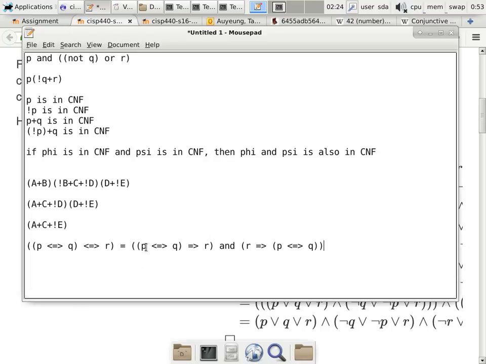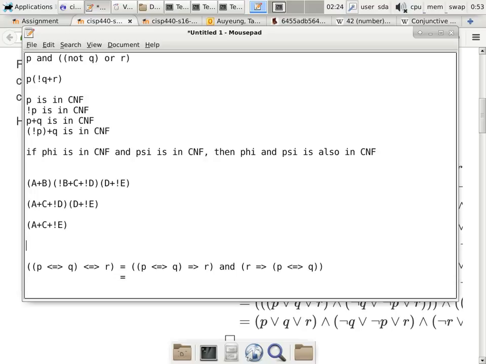We have to take care of P is equivalent to Q. By itself that is a little messy, so I'll just do it separately here.